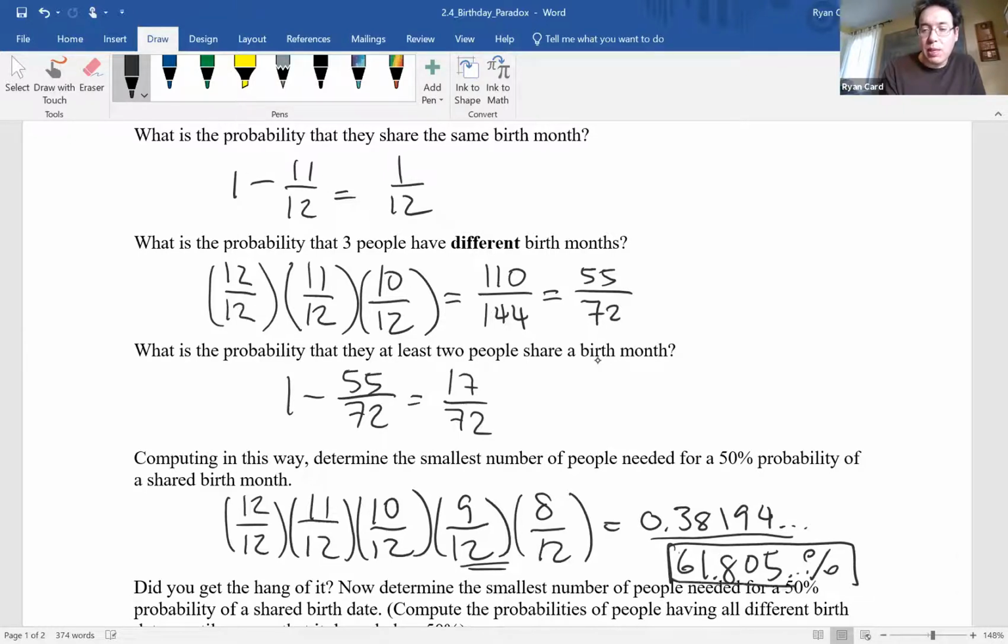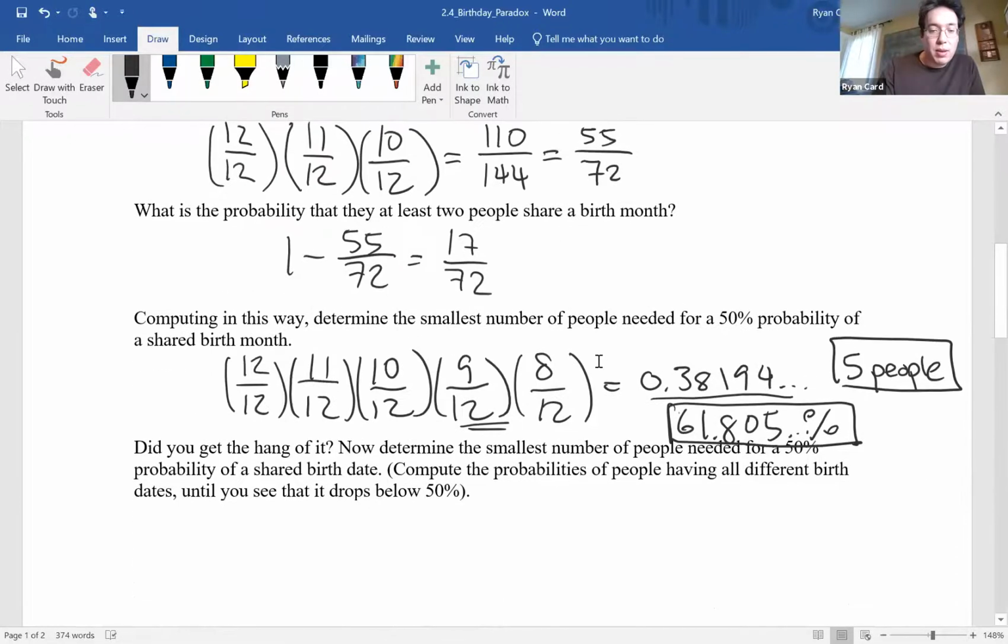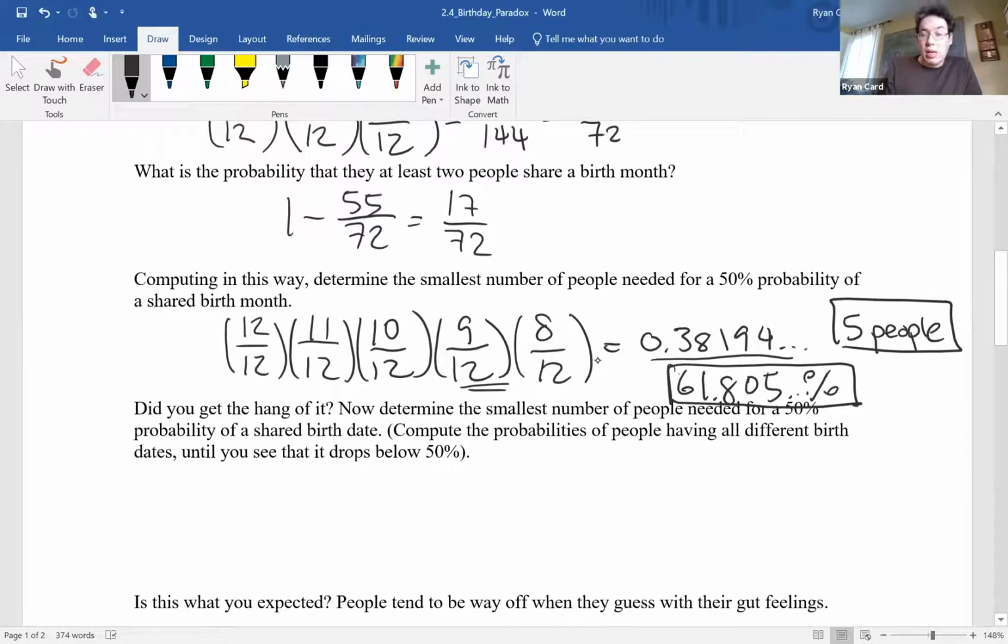So that would be the first time the probability that somebody shares the same birth month in a room is over 50%. I hope the pattern made sense.